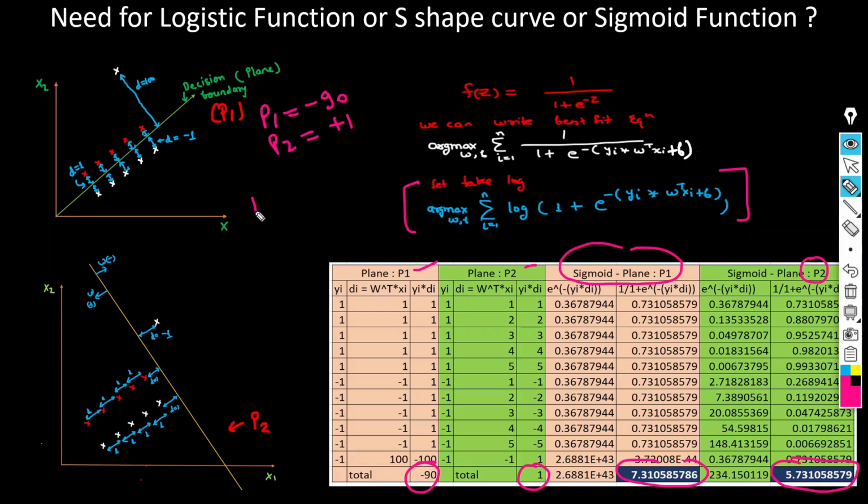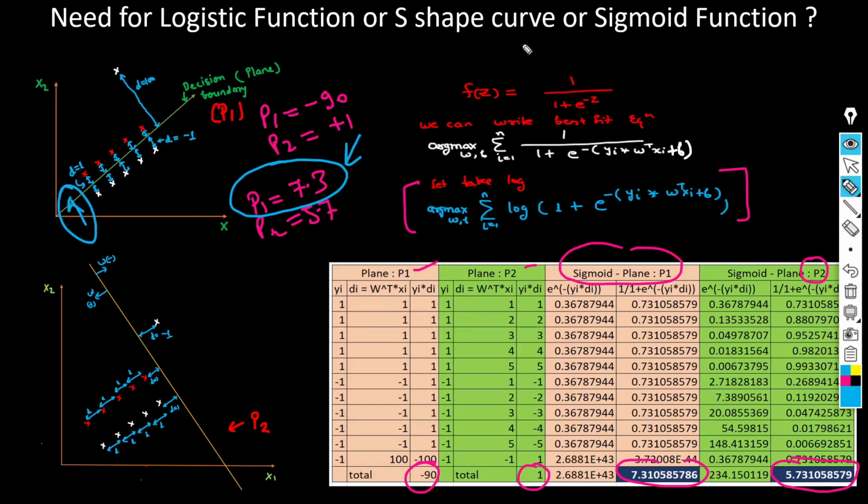But after the sigmoid function, my P1 plane is showing 7.3 and P2 plane is showing 5.7. So which one is maximum? It means it's still P1, right? So due to the sigmoid function, I am still getting P1 as the best plane, right?